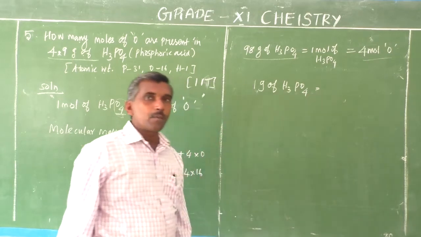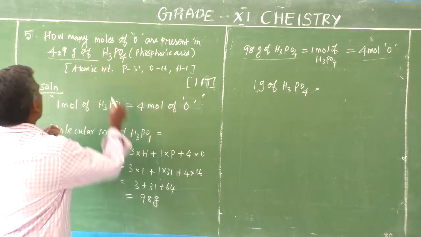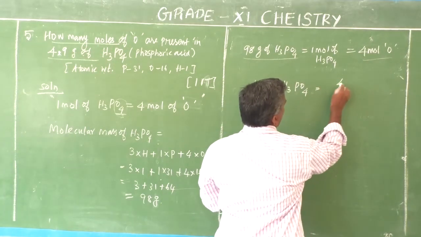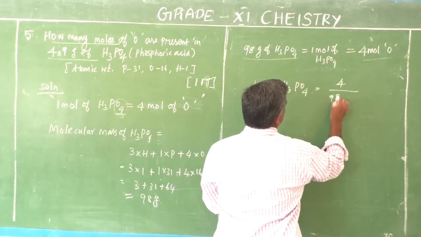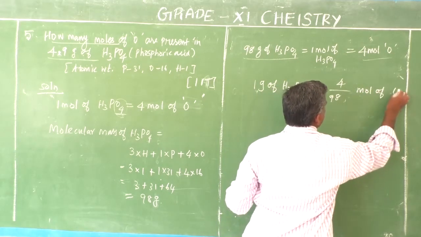1 gram of phosphoric acid is equal to, we want moles. How many moles? We want moles. So you take 4 divided by 98 mole of oxygen.